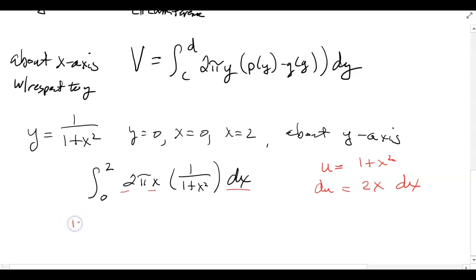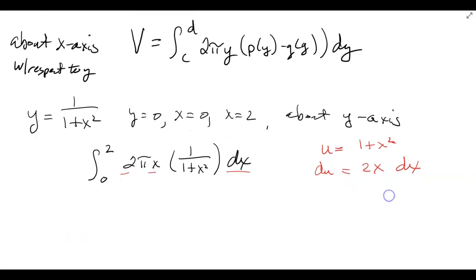I can pull out my pi. So again, if we want to really do a full u sub on this one, you can choose to, you don't have to, you can change your limits.